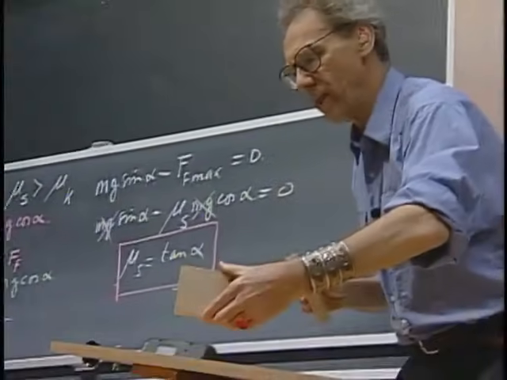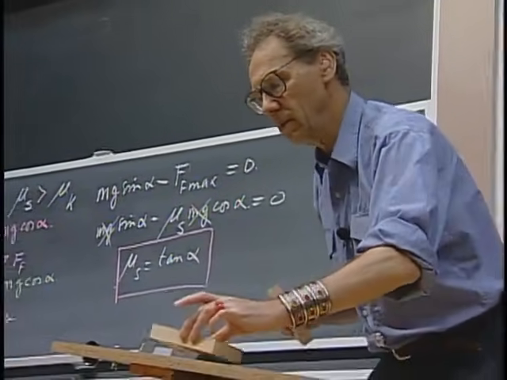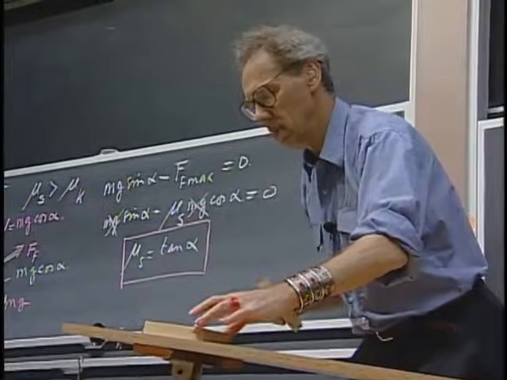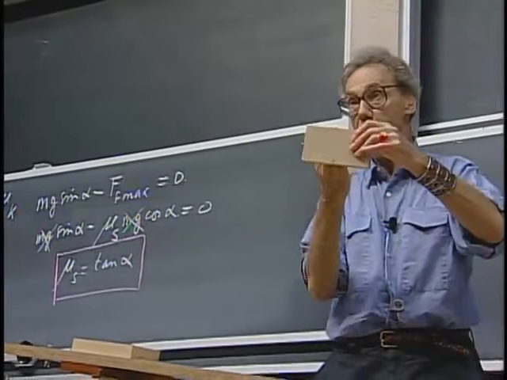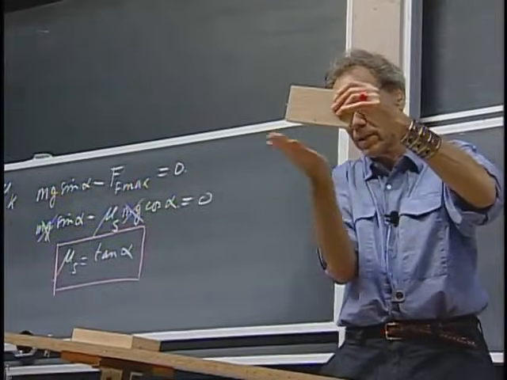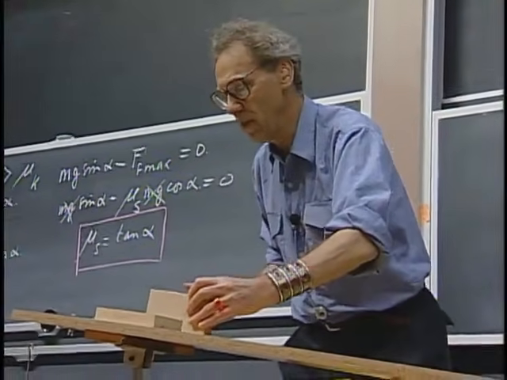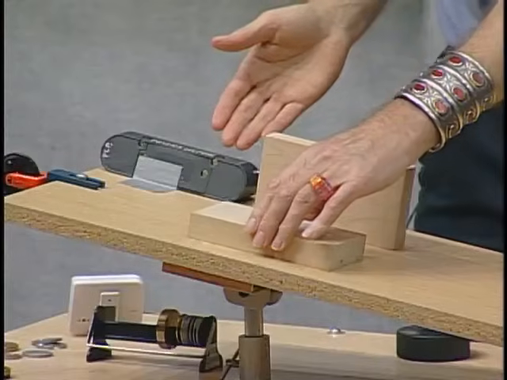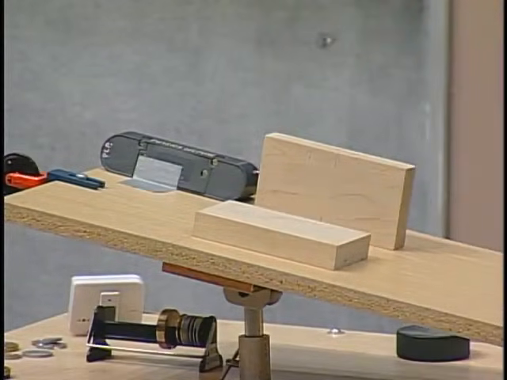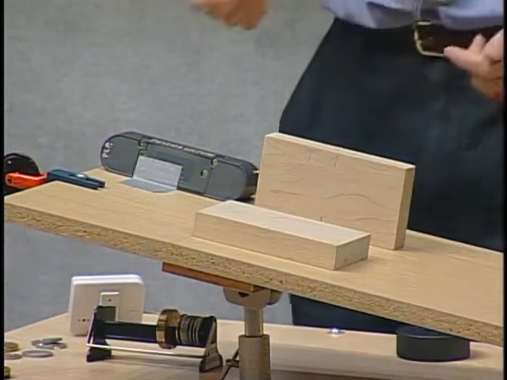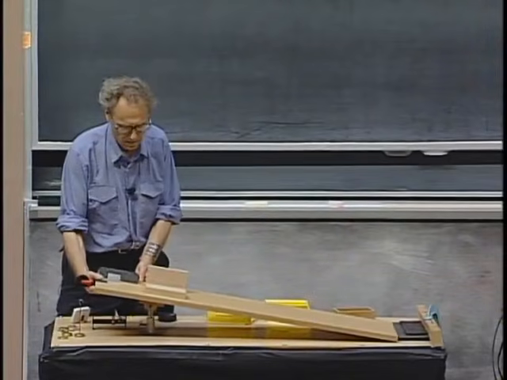I'm going to put the flat one here, and I'm going to put the same object, but with its small area, here. If indeed the friction coefficient is independent of surface area, then when I tilt them, they should start to slide roughly at the same angle. So there we go.